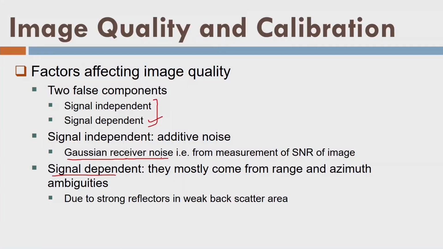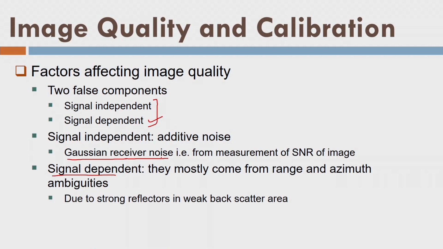So those factors will be called signal independent at the receiver end. At the terrain end, we call it signal dependent because the backscatter is sent from the terrain. For signal independent factors, we take the signal to noise ratio so that we can find out the efficiency of the receiver. For signal dependent factors, it is caused by range and azimuth ambiguities.